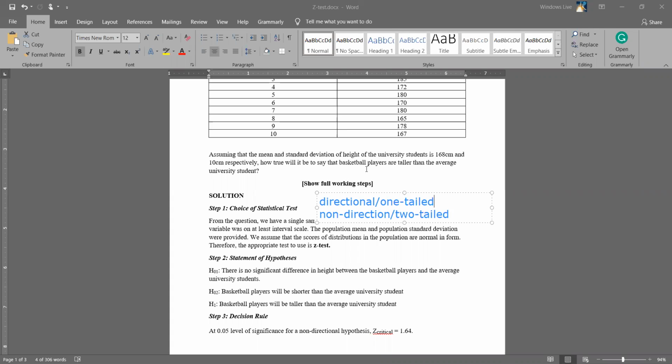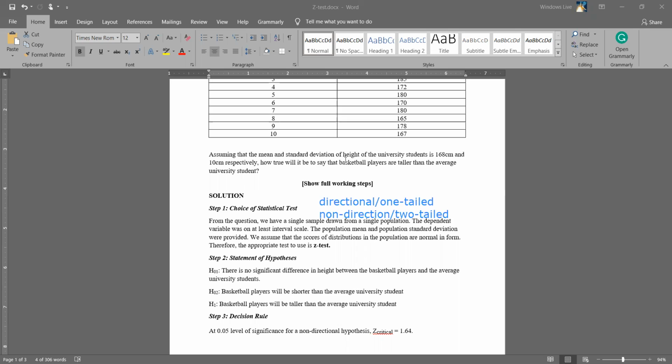For us to know that it is one-tailed, within the question, they are comparing a sample and a population. That's basketball players and university students. So they should tell you that either the sample is greater than or less than the population.